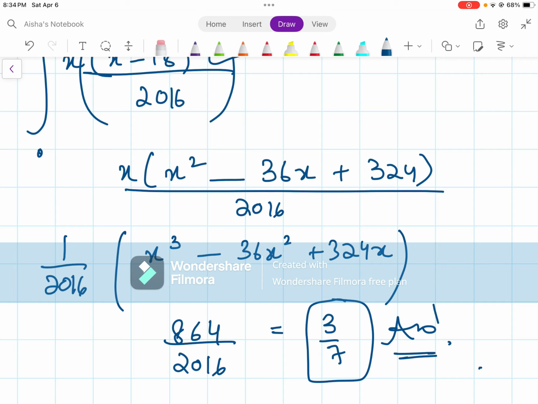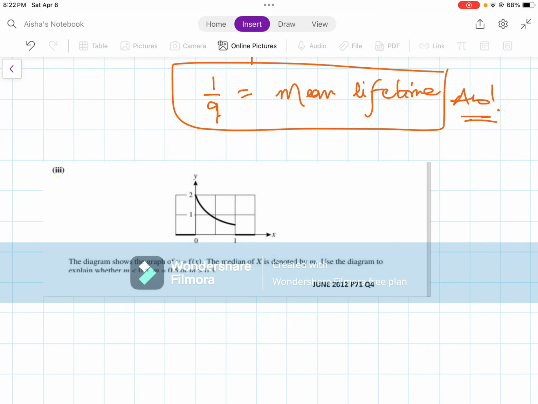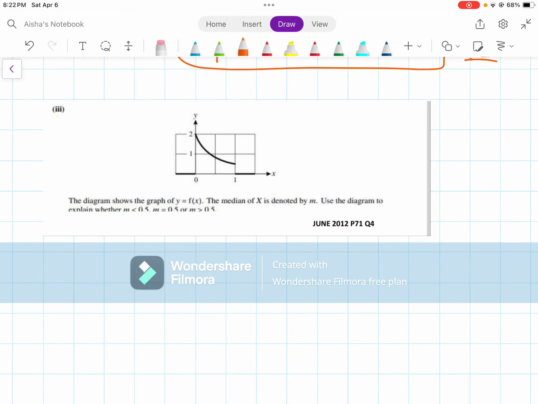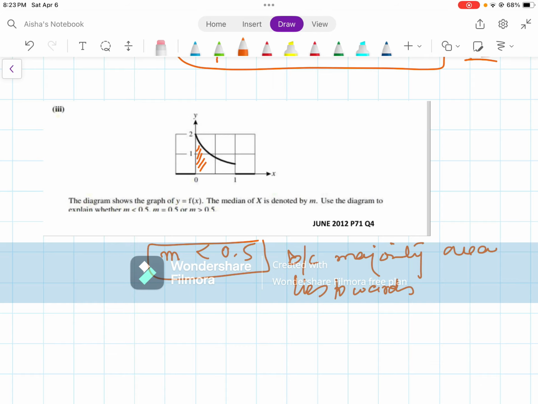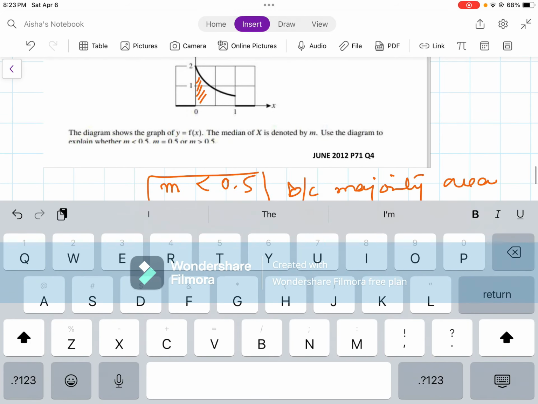Mean. End of chapter now. Okay, so you can see most of the distribution lies towards the left hand side. So you can say that the median is going to be less than 0.5. Let's take up another question.